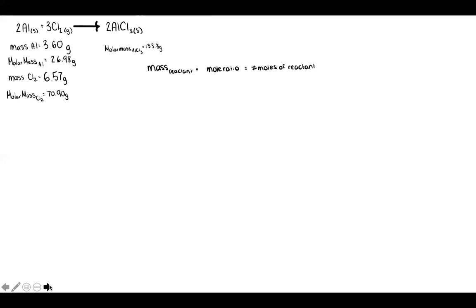To do so, we take the mass of the reactant, multiply it by the conversion factor, which in our case will be moles per grams, as we are converting to moles. If we were converting to grams from moles, we would use a conversion factor of grams per mole. Next, we insert the known quantities, which will be 3.60 grams of aluminum for the mass of the reactant.